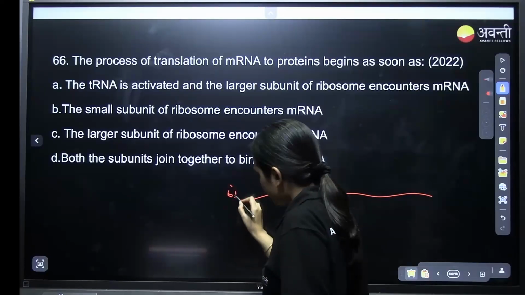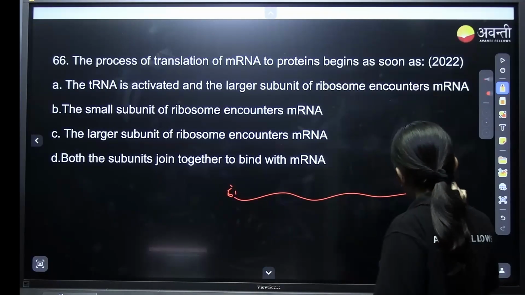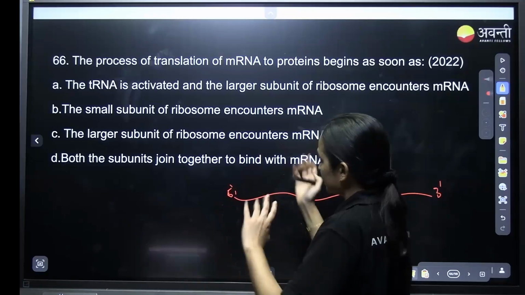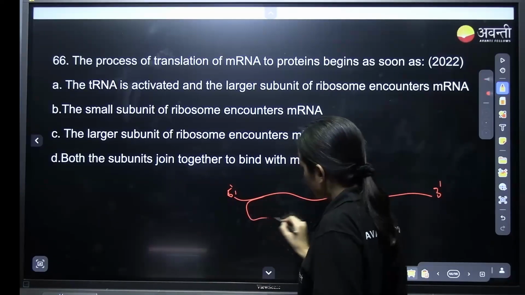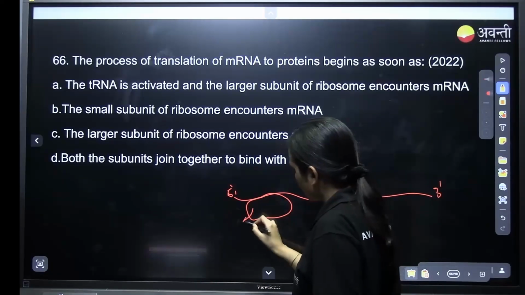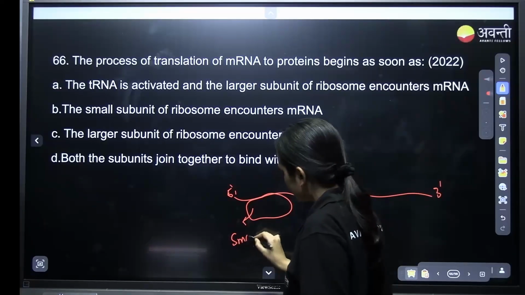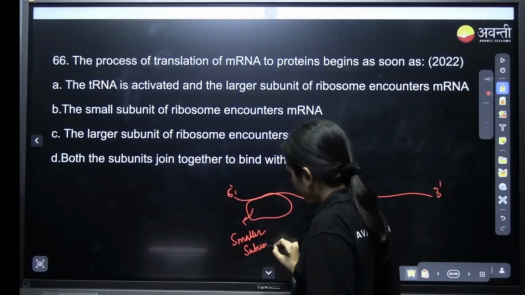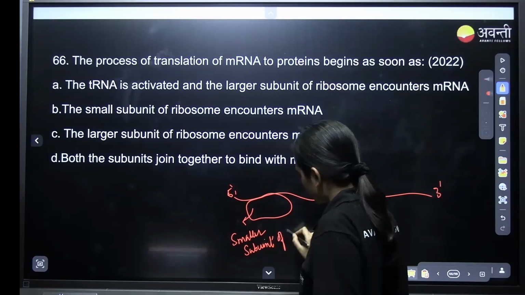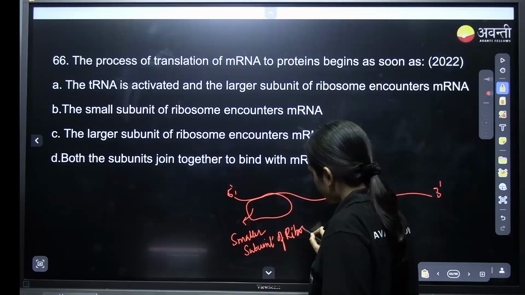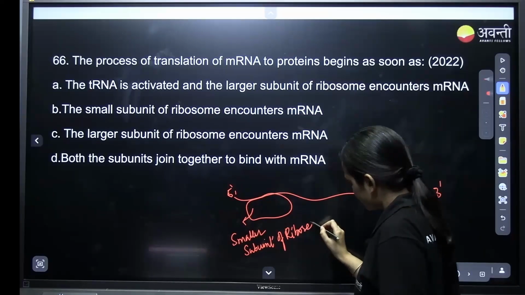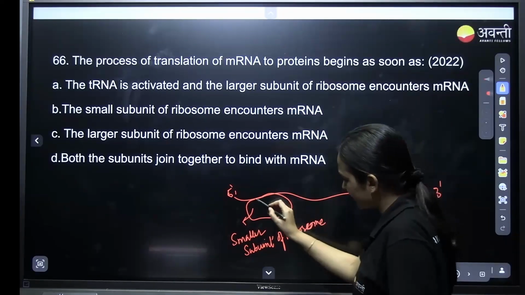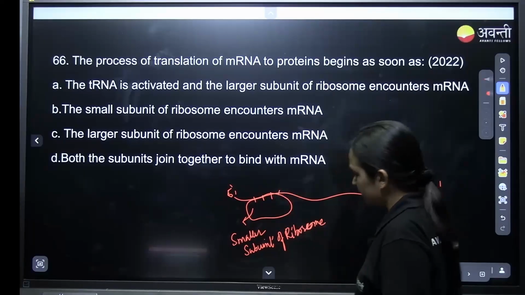If this is the mRNA, 5 prime to 3 prime, translating to protein, the first and foremost thing is that the smaller subunit of the ribosome comes and attaches to a particular sequence that we call the SD sequence.